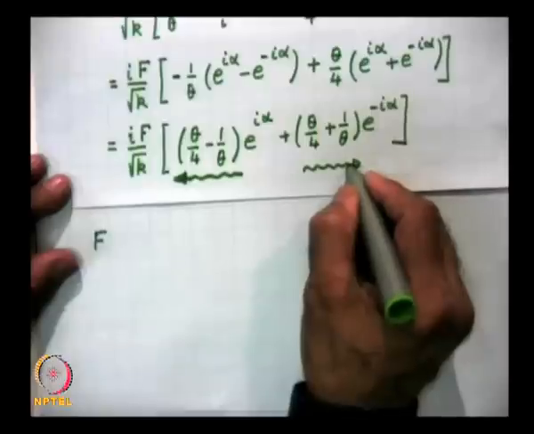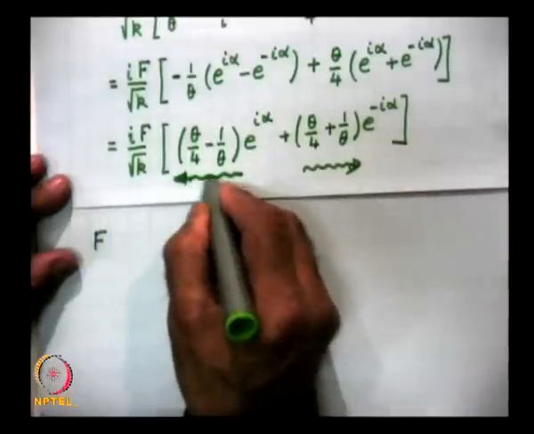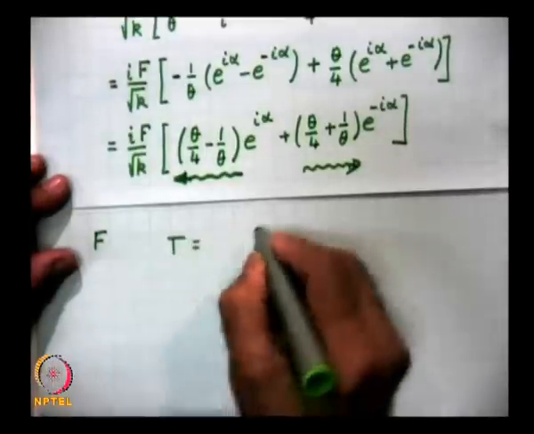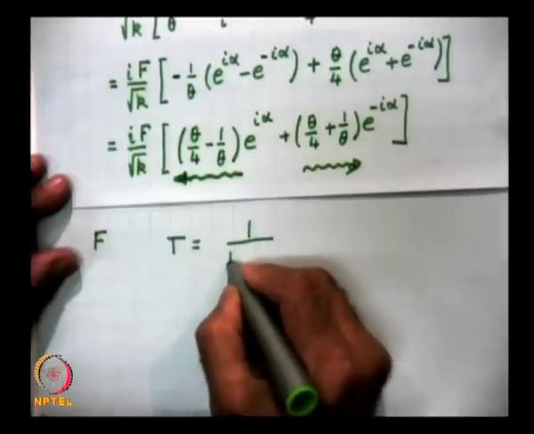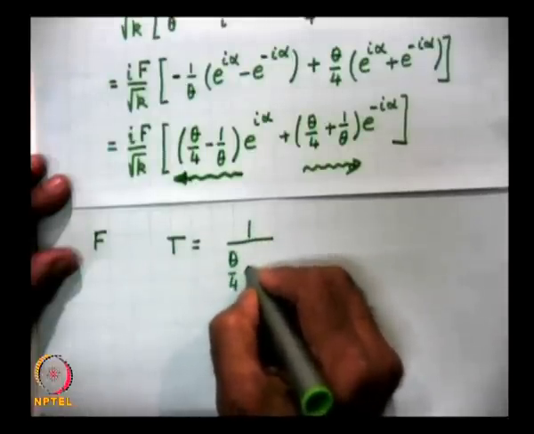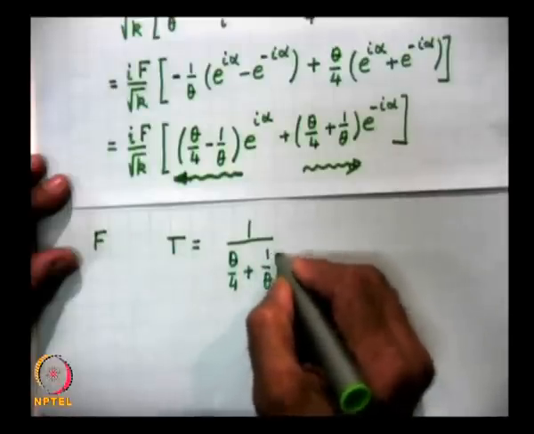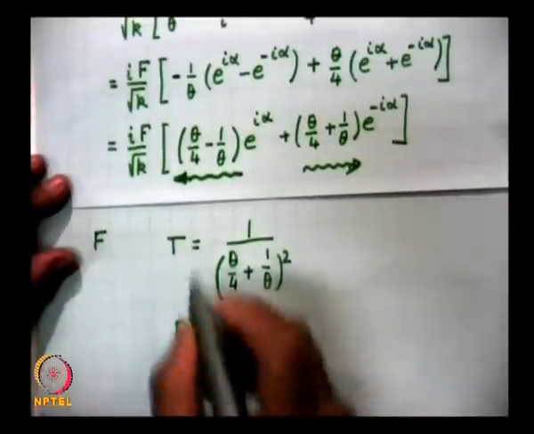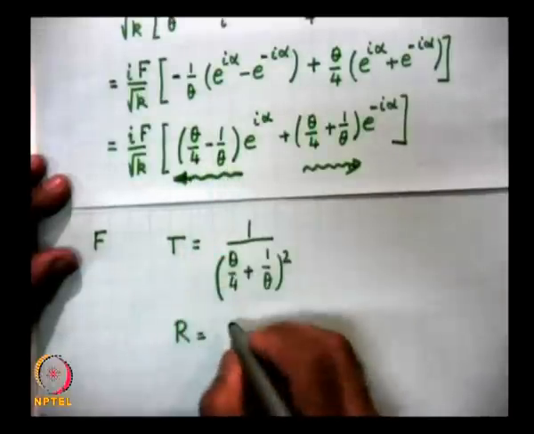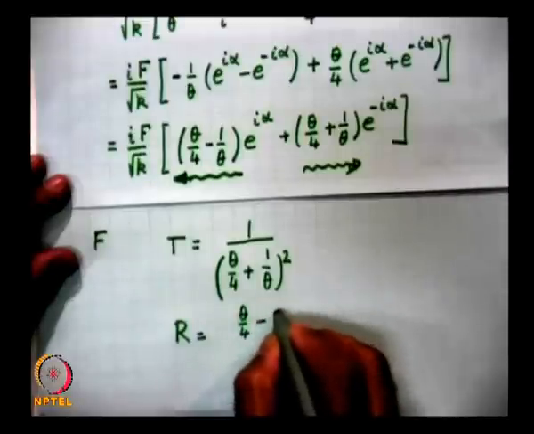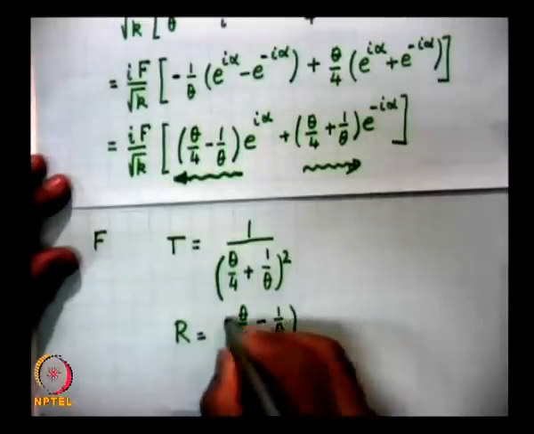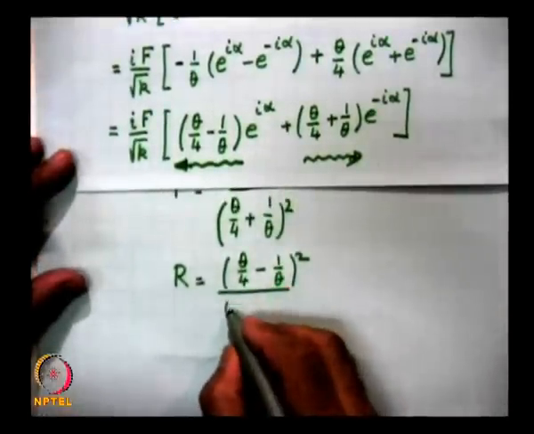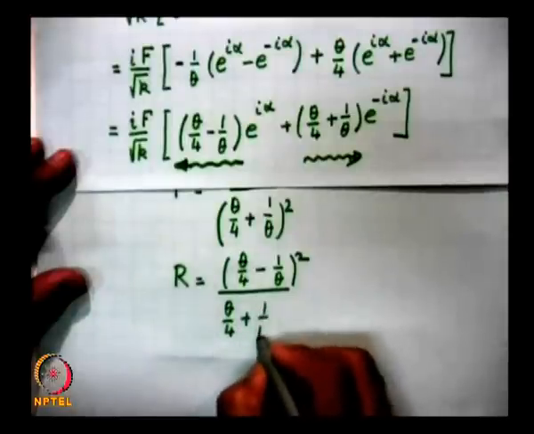So, the transmission coefficient will be 1 over (theta by 4 plus 1 over theta) whole squared, and the reflection coefficient will be the reflected amplitude, that is (theta by 4 minus 1 by theta) whole squared, divided by the coefficient of the incident wave, that is (theta by 4 plus 1 by theta) whole squared.